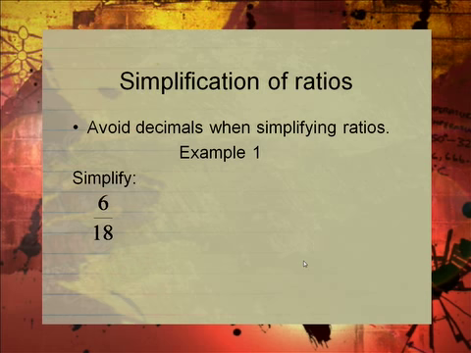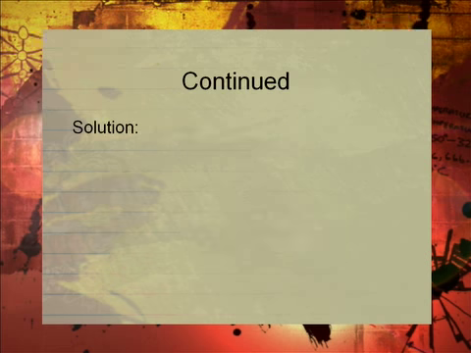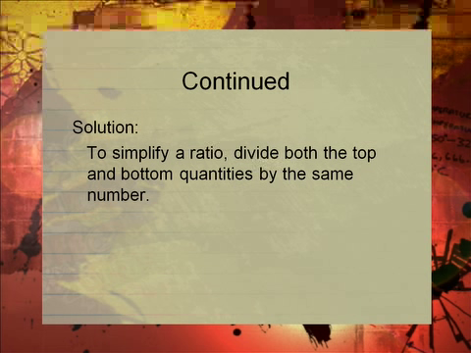Example 1. Simplify the following. 6/18. This is the vertical representation of the ratio. Okay, we call this vertical representation of a ratio. But to simplify that, have a look. To simplify a ratio, divide both the top and bottom by the same number. Very important.